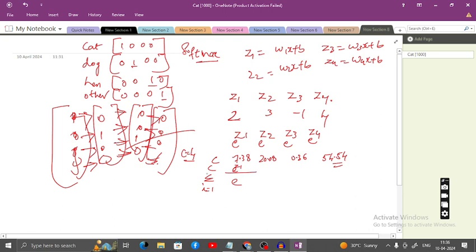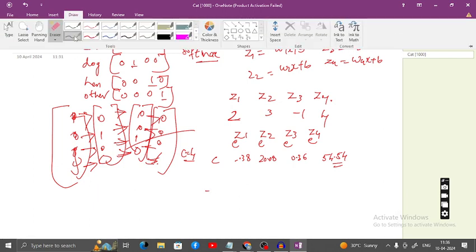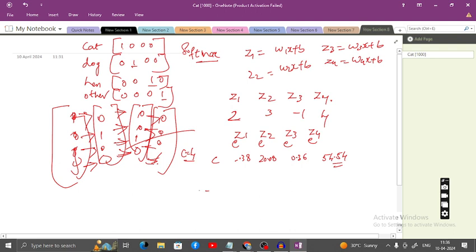Okay, one minute. I will write it properly for your understanding. Now, the softmax formula: e to the power of z1 divided by the summation over i equal to 1 to c, with 4 classes, of e to the power of zi.